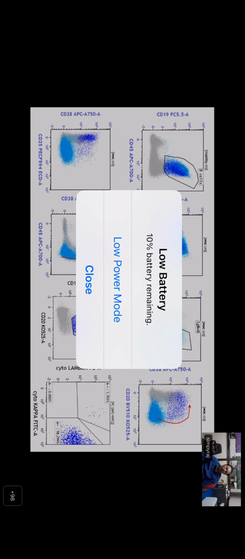Usually we see a pattern where B cells are CD38 negative and CD20 positive, and as they become plasma cells, they gain CD38 because strong CD38 expression is a typical feature of plasma cells, and they lose CD20 because they are differentiating from B cells to plasma cells.